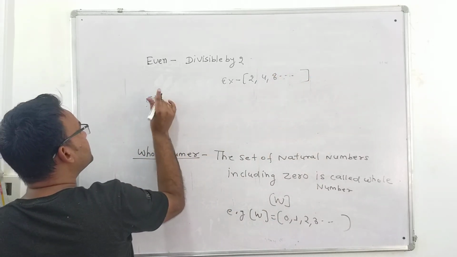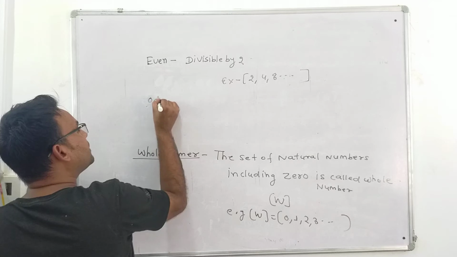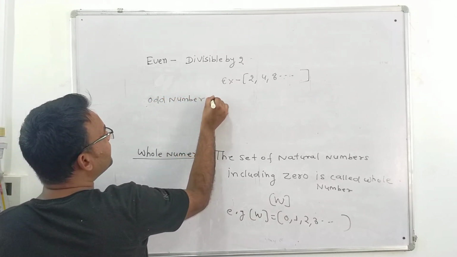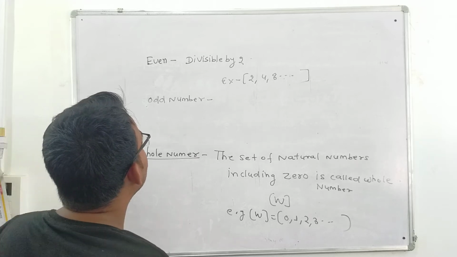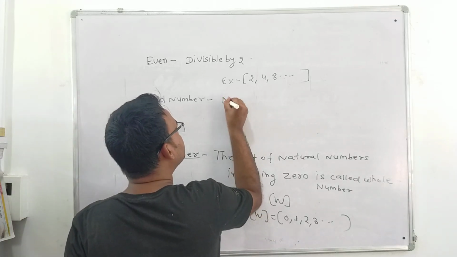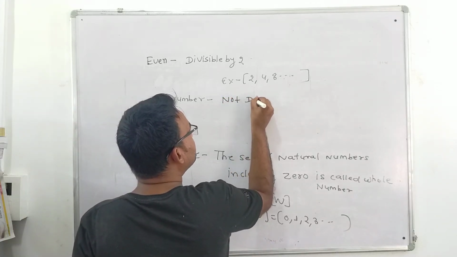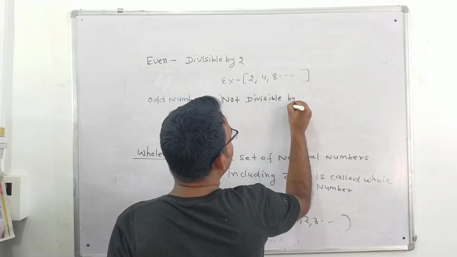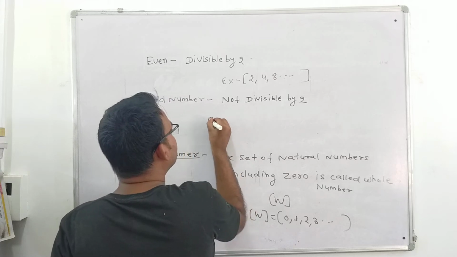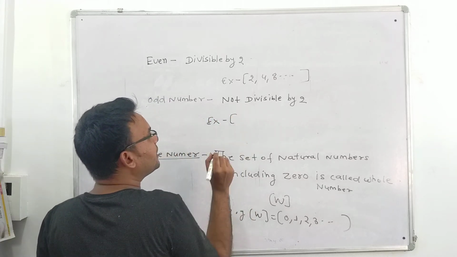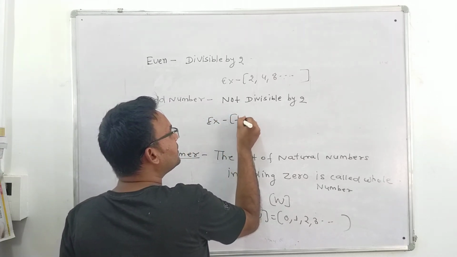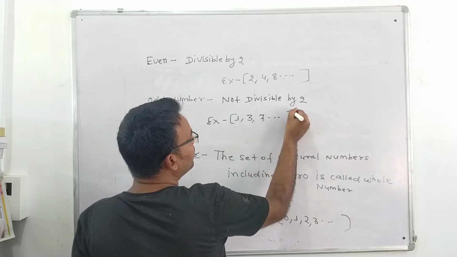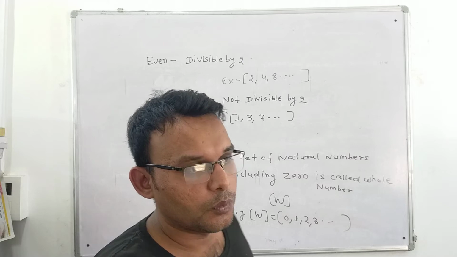And next one is your odd number: a number that is not divisible by 2. Examples of odd numbers are 1, 3, 7 and so on.